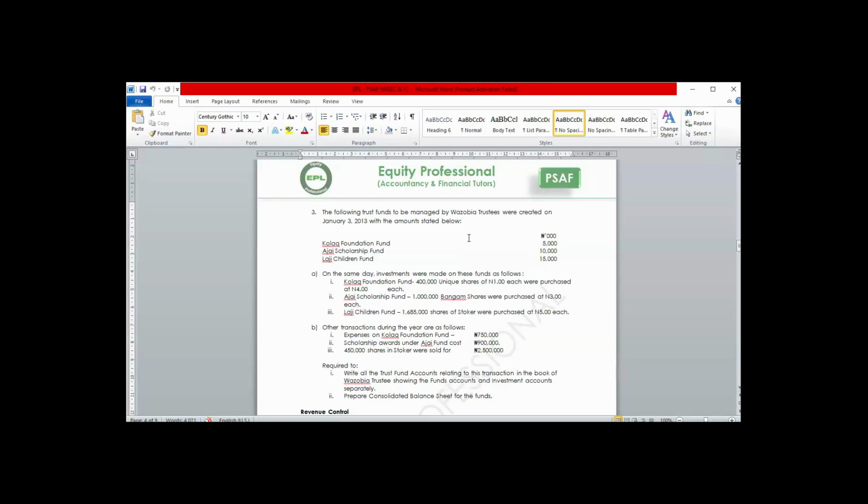Okay. Now, let's look at it from the solution page. I prepared the solution that day, even though the network was poor. This is the solution.